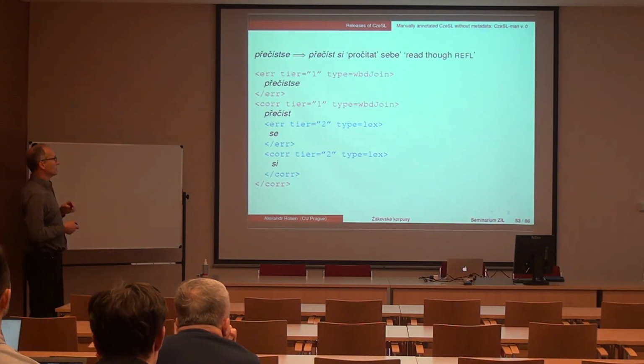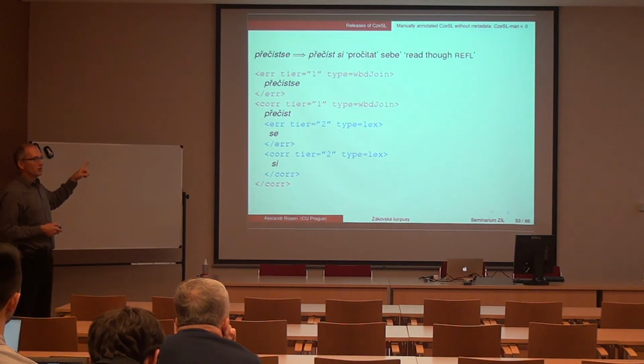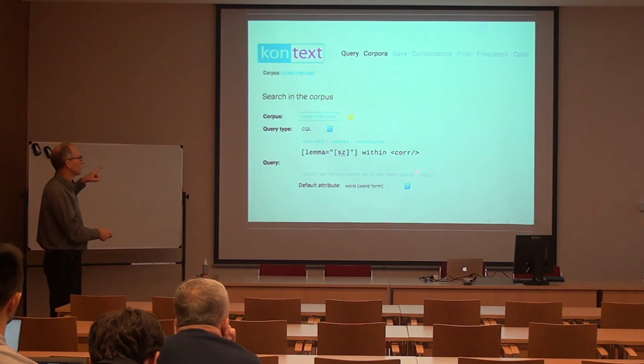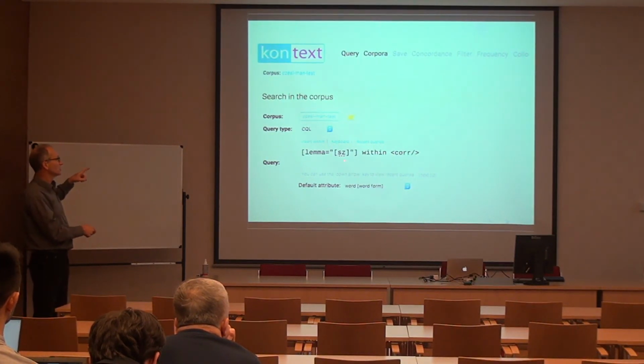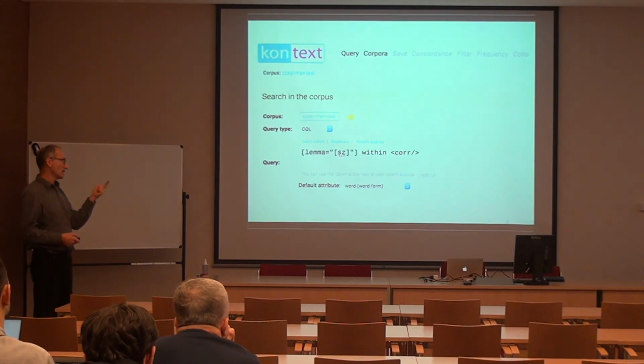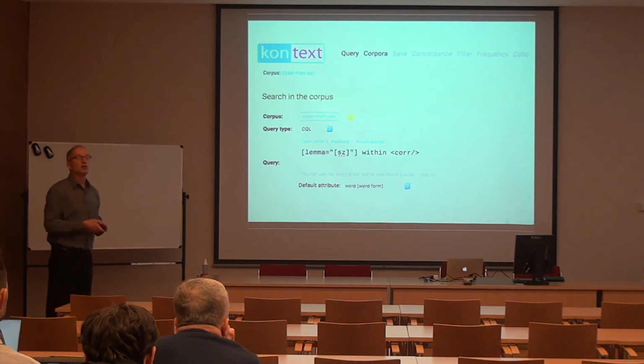And this is doable in Manatee, maybe in CQP as well, and you can search for that. So, for example, if you use a query such as this, you are looking for a lemma for a preposition S or Z within the corrected element.